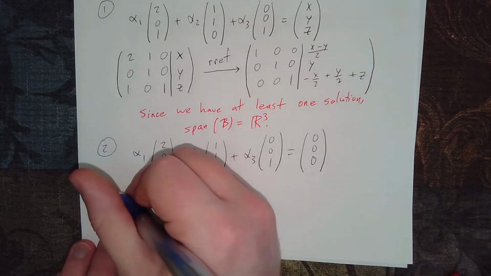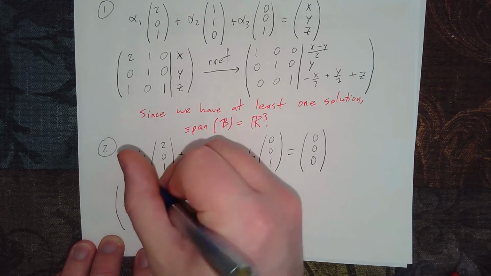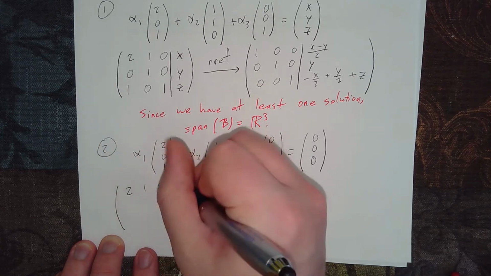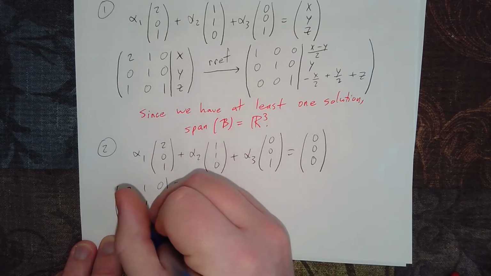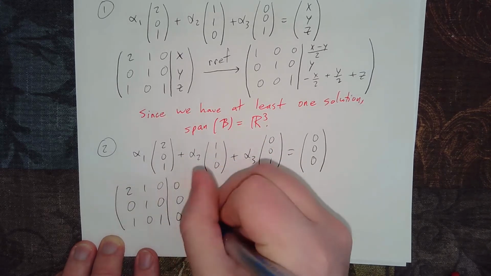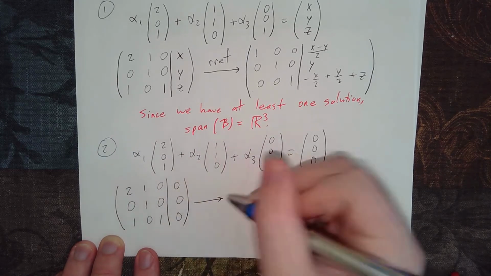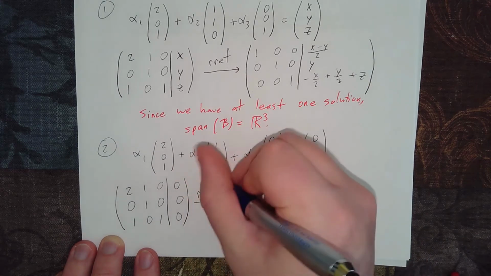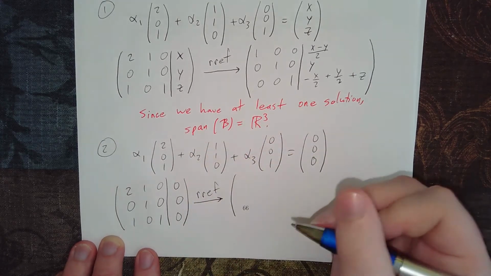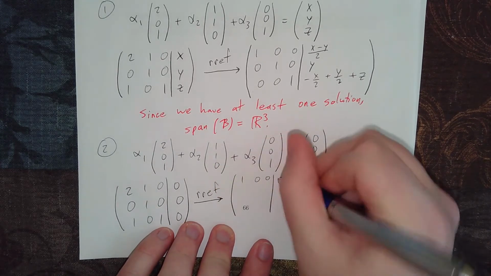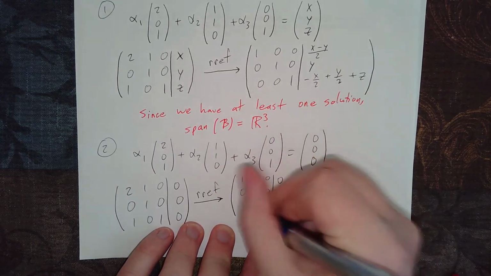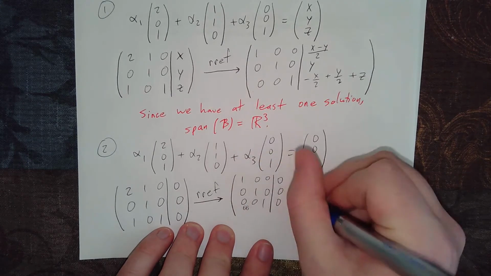So now we'll set up a very similar matrix: [2, 1, 0, 0], [0, 1, 0, 0], and [1, 0, 1, 0]. And when we get the reduced row echelon form of this matrix, we'll end up getting [1, 0, 0, 0], [0, 1, 0, 0], and [0, 0, 1, 0].